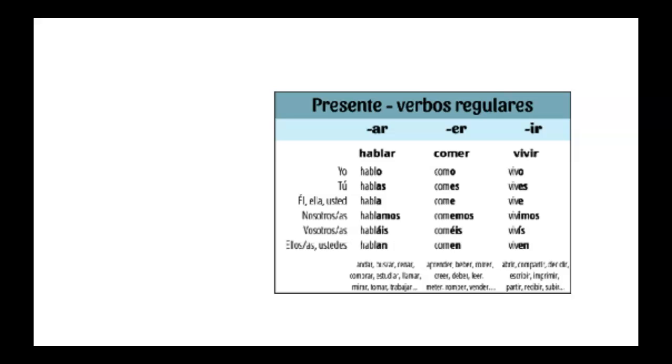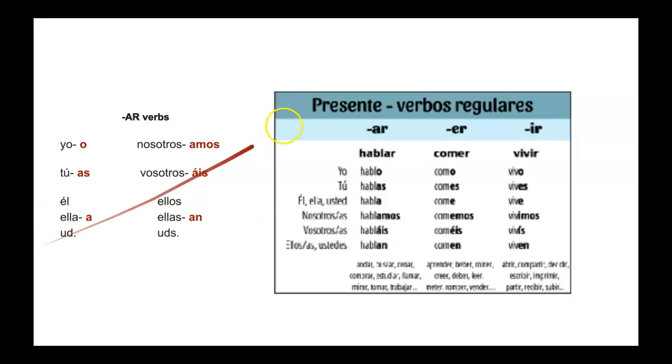Okay, let's get back at it. As far as our grammar is concerned, one of the things we're doing is verb conjugations. Now I want to make something very clear. What we've done so far are AR verb conjugations, and we've just started doing ER conjugations. ER verb endings are different from AR verb endings.